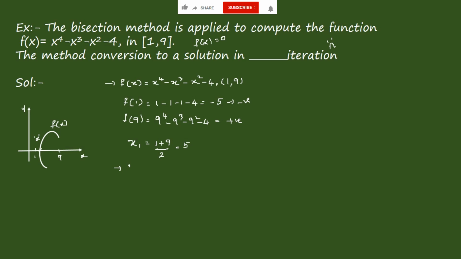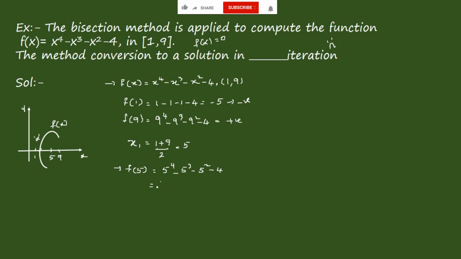Next, we find the value of f(5), which is 5^4 - 5^3 - 5^2 - 4.